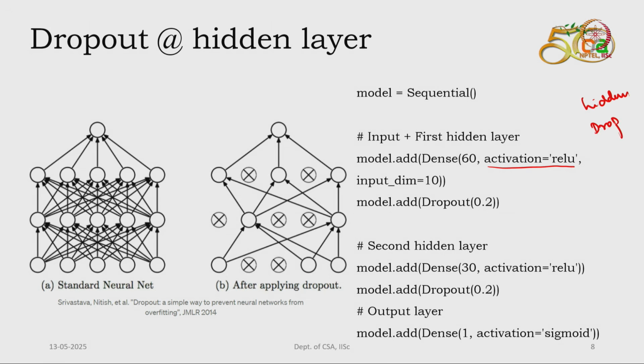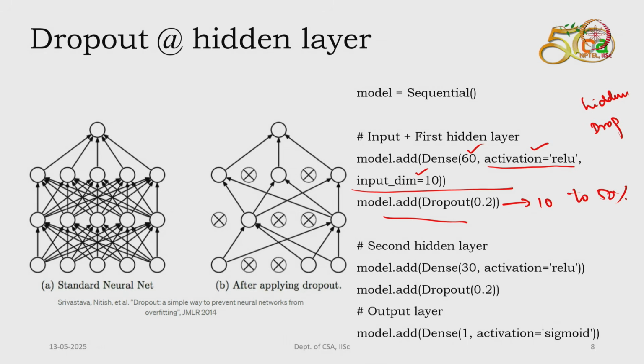Next, for a hidden layer, yes, we can have a dropout. How will you write a dropout? First write the line which specifies all the parameters at the hidden layer: how many neurons, the activation function, and if it is the first hidden layer you will have an input also. Then you pass a dropout. The dropout can be anywhere between 10 to 50%.